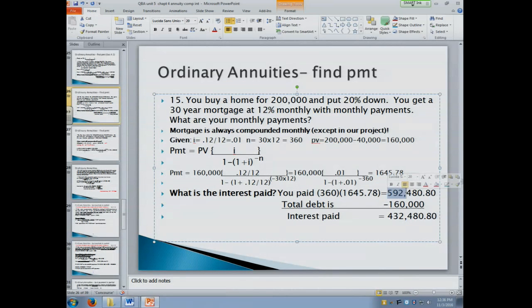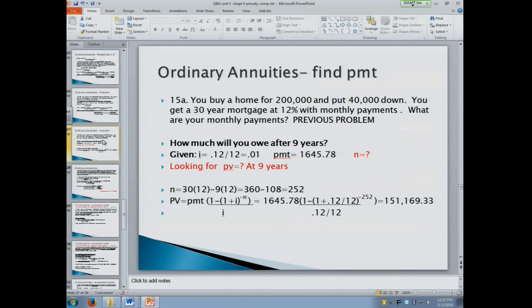So you paid out of pocket $592,480.80. That total debt or your mortgage was $160,000. So therefore, the total interest you paid was over $432,000. Again, this is highly exaggerated from the interest rate, but it's good for illustration purposes.